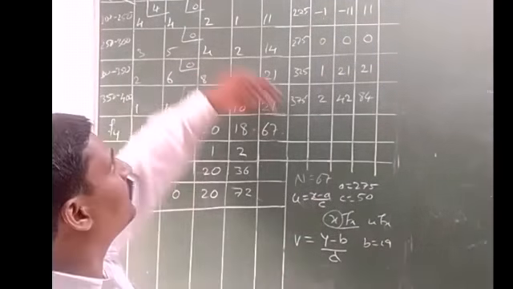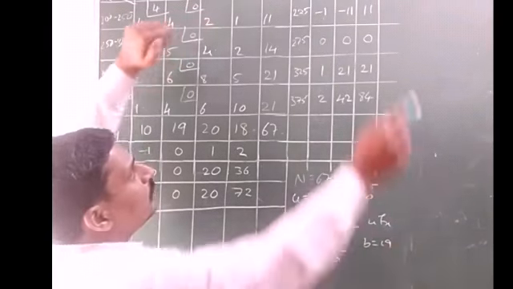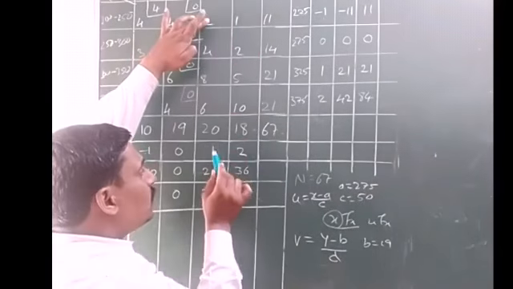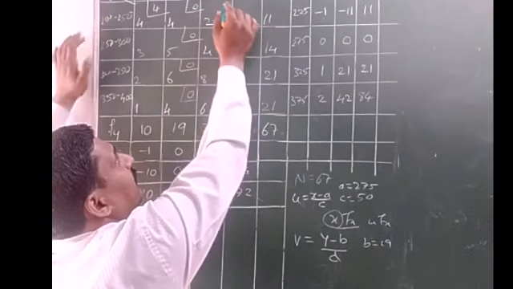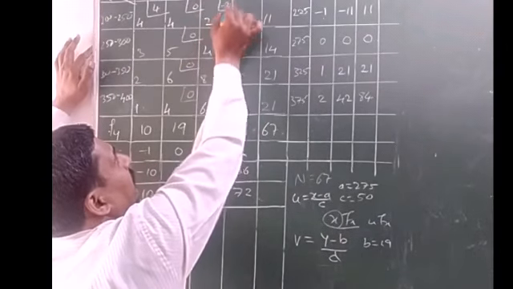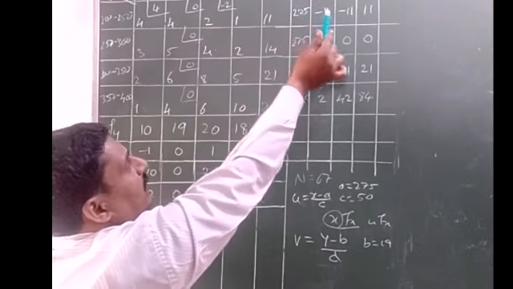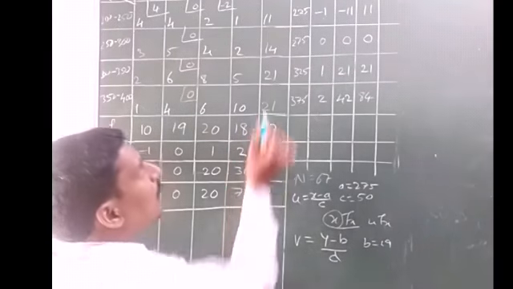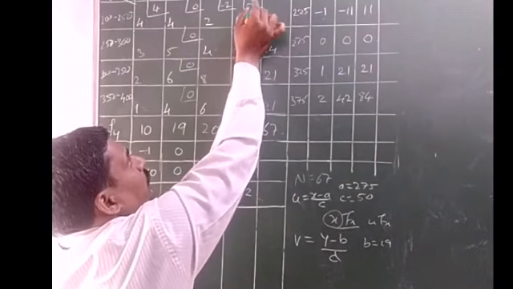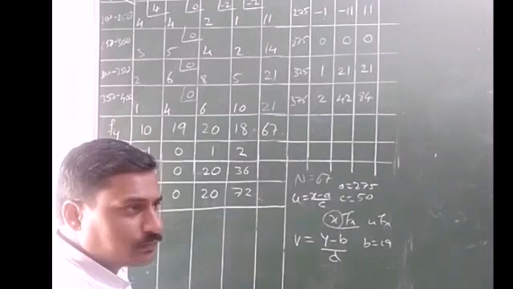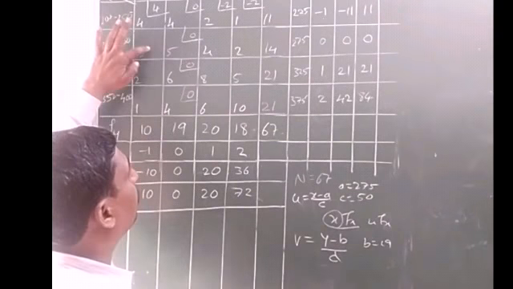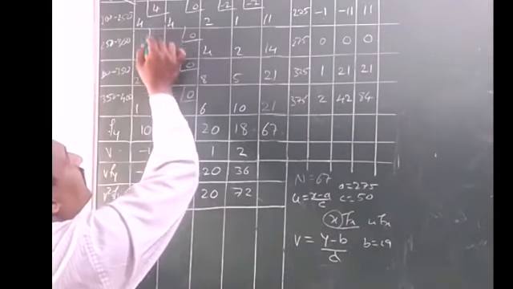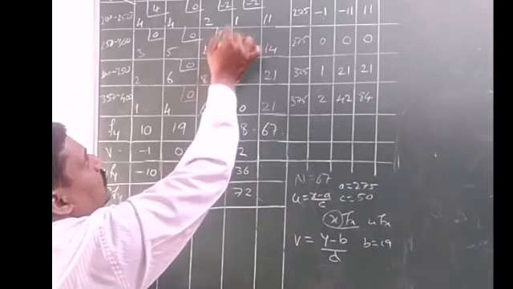Move to next one now. 2 into -1 is -2. -2 into 1 plus 1, that is -2 again. Next 1 into -1 is -1. -1 into 2 is -2. -2. Next 3 into 0, 0 means entire row we get 0 here. So write 0.